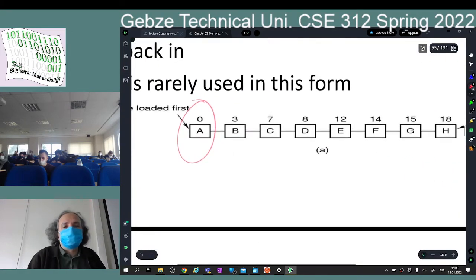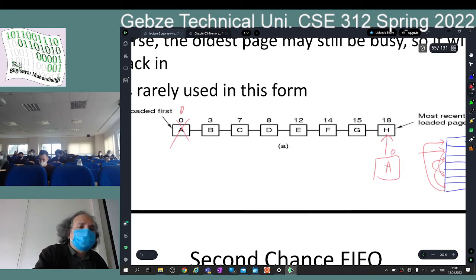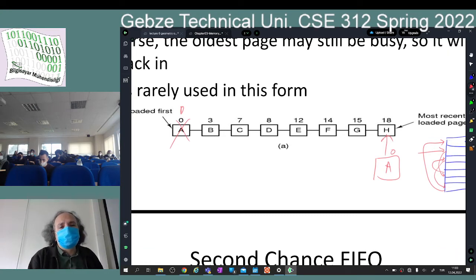So basically, this is what I'm going to do. This is the oldest one. If the R bit is 1, then make this R bit 0 and put this A here. Now its R bit is 0, and let's check this B. If B is oldest in this case, let's check if its R bit is 0.